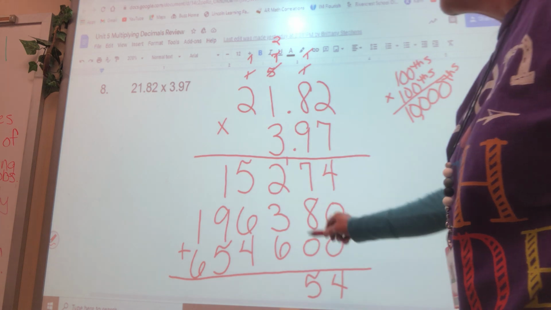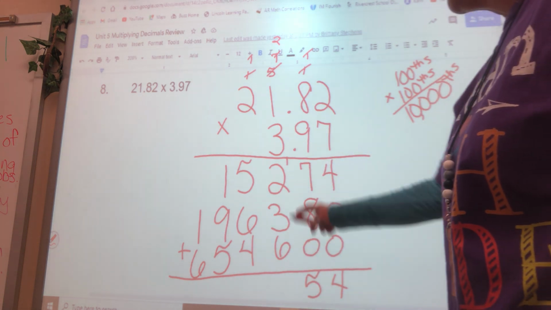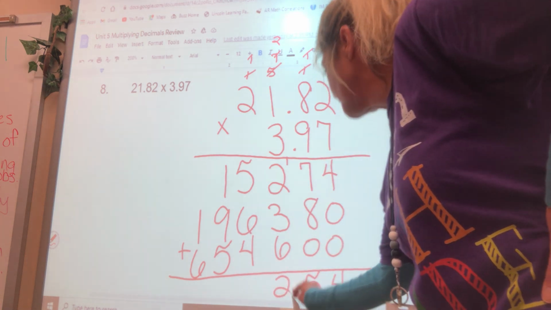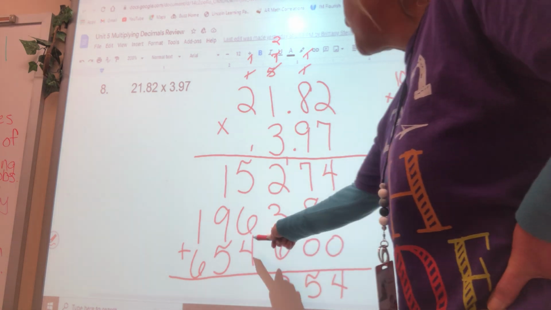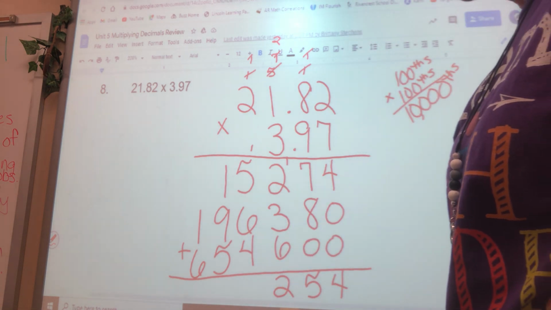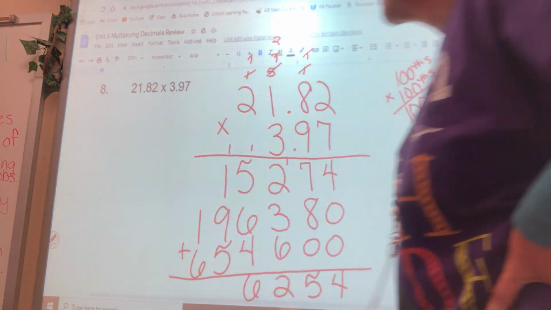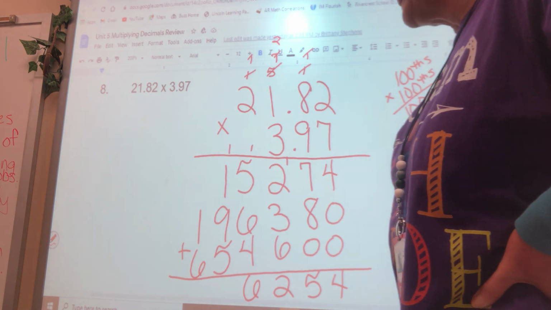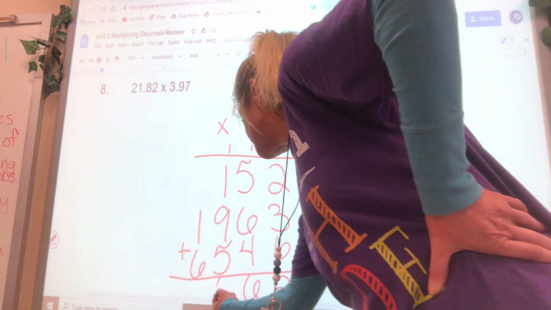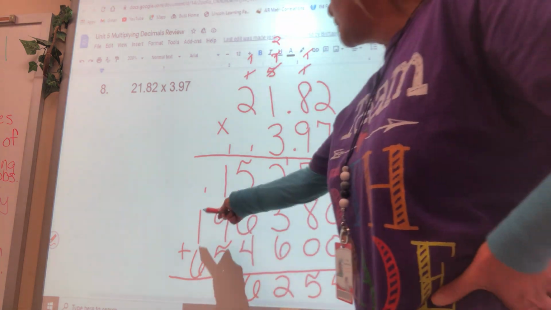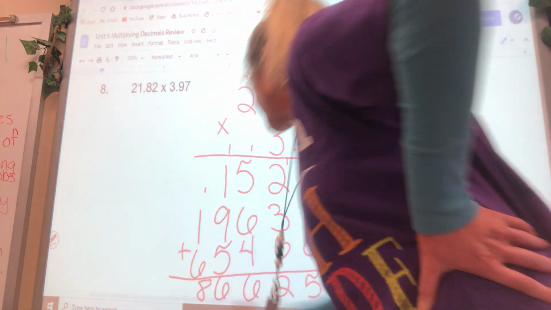Carry the 1. 2 plus 3 is 5, plus 6 is 11, plus 1 is 12. 5 plus 6 is 11, plus 4 is 15, plus the 1 we carried is 16. 1 plus 9 is 10, plus 5 is 15, plus the 1 we carried is 16. 1 plus 6 is 7, plus the 1 that we carried is 8.